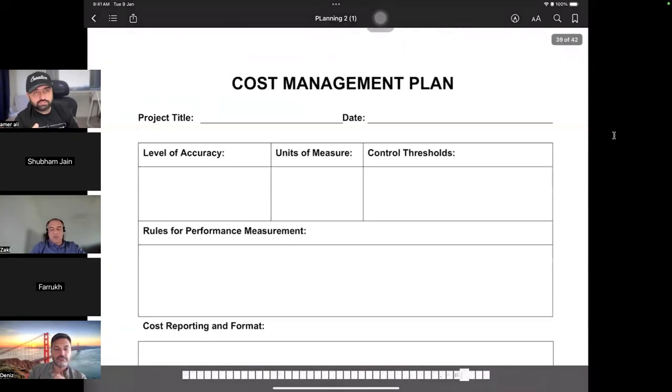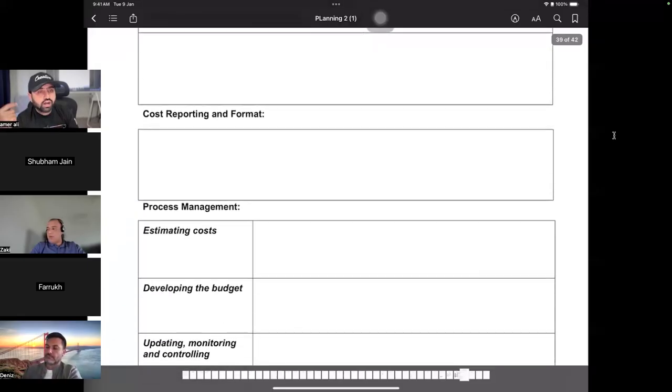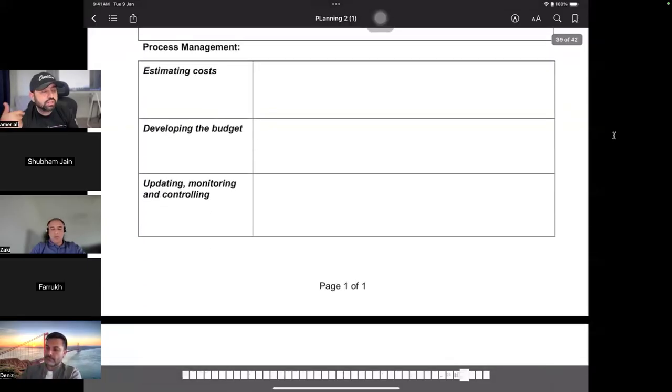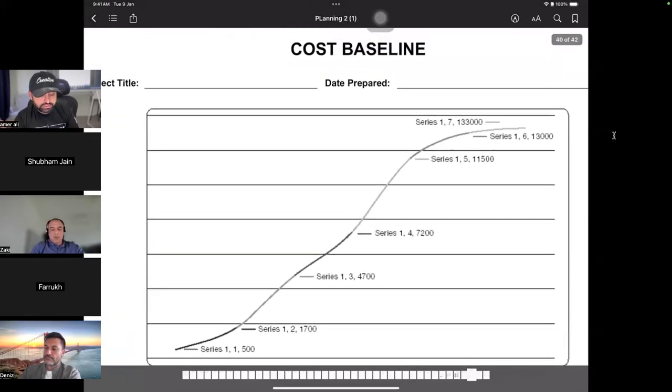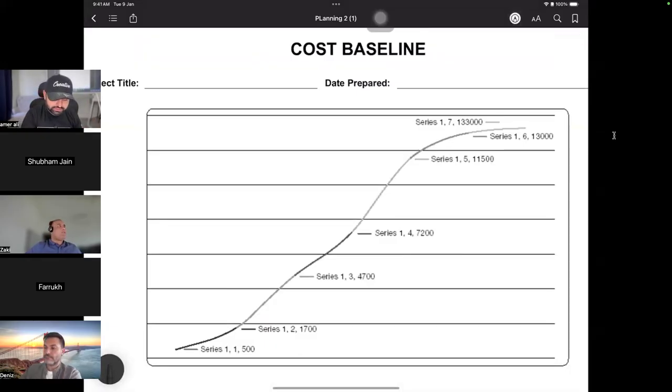Then we go to the cost management plan. The cost management plan talks about the same things we discussed in predictive: the cost reporting formats, what estimation tools we use, how we are going to develop the project. Then we also mention our scope baseline, schedule baseline, and cost baseline.